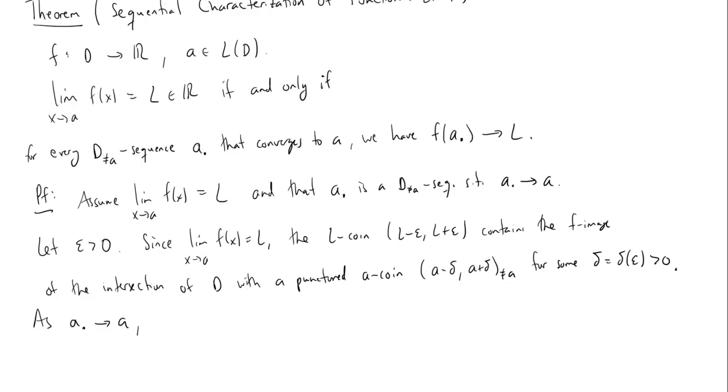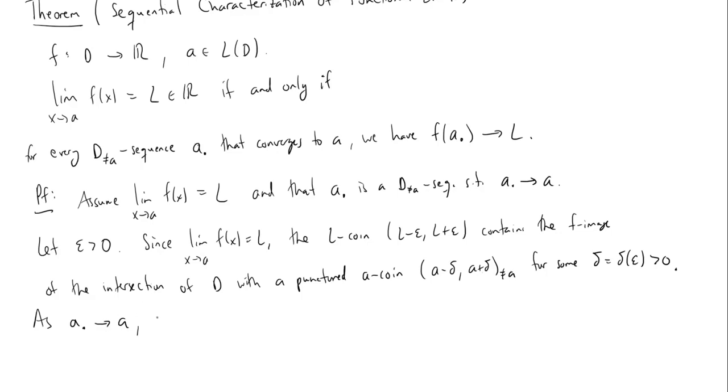Oh wait, why did we say punctured A coin? Didn't we just say there's going to be a tail contained in the A coin? But what do we know about this a-dot? It's a D not equal to A sequence, so all of the terms in a-dot are not equal to A. So they're not only in the A coin of radius delta, but they're even in a punctured A coin.